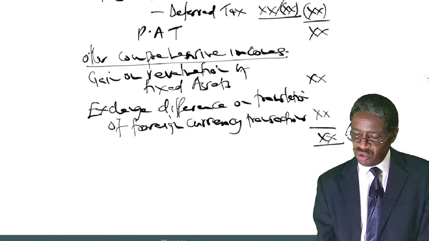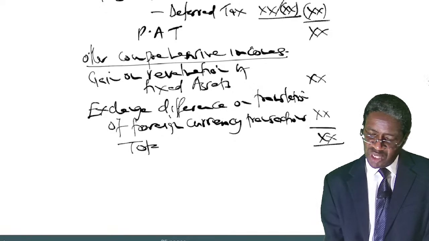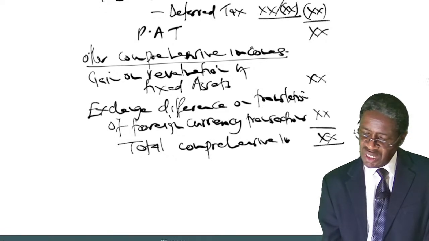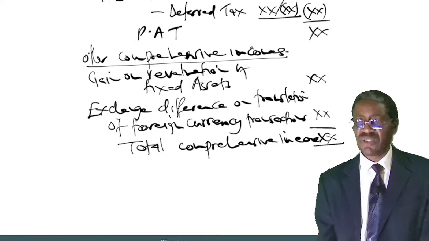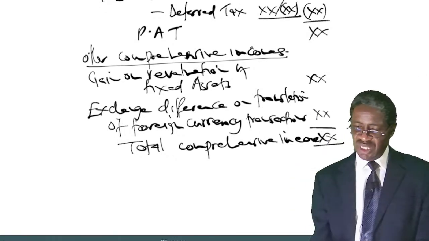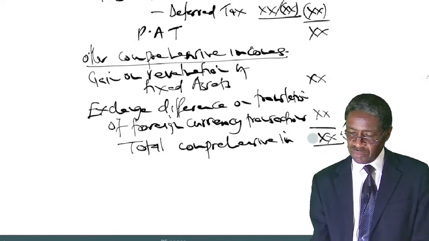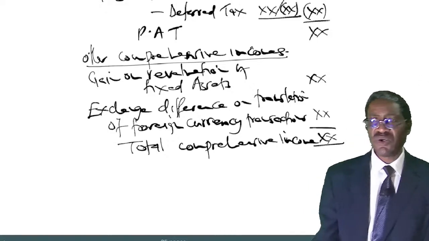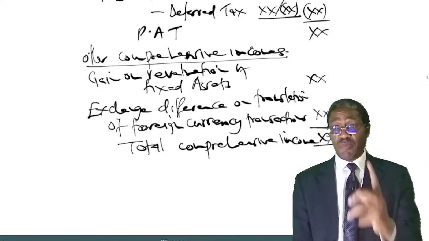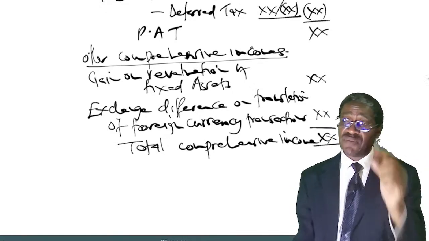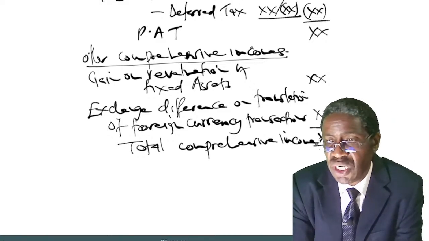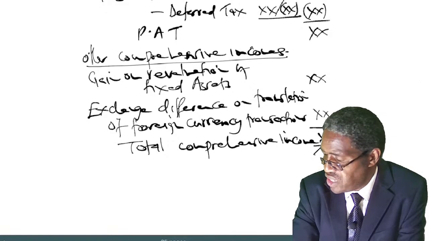Then you get the total, and that total is what we have called total comprehensive income. Good. So finish. I go back and discuss some of the items there in detail now.